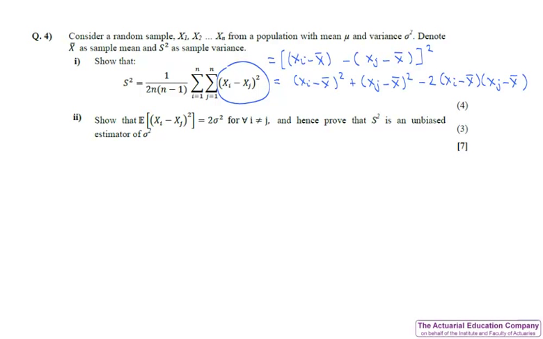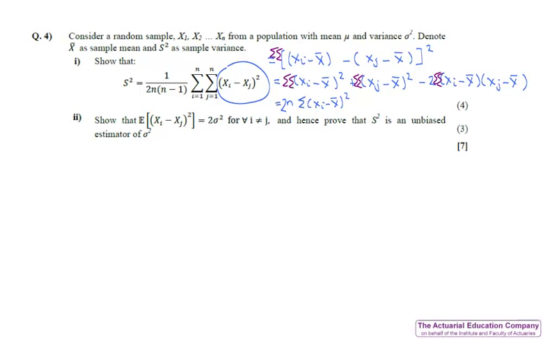Now we take the double summation of each of these terms. The first term doesn't depend on j, and so we'll simply have n of the summation over i. The second term doesn't depend on i, and so we'll have n of the summation over j, which is just the same as n of the sum over i, as i and j are dummy variables.